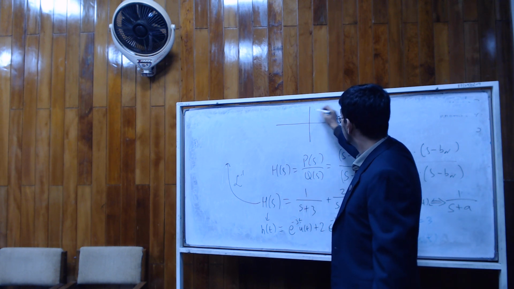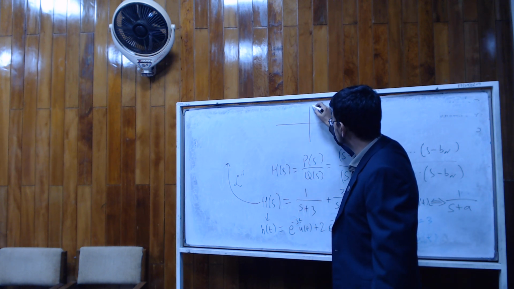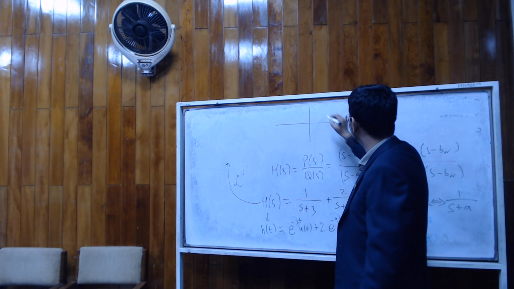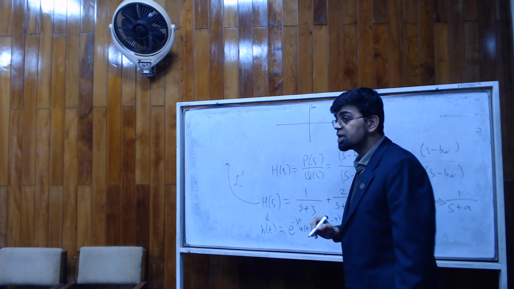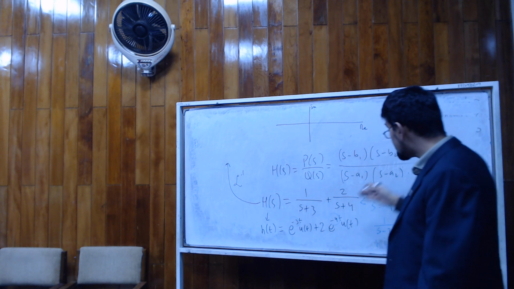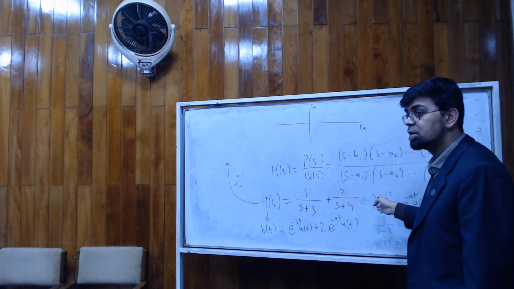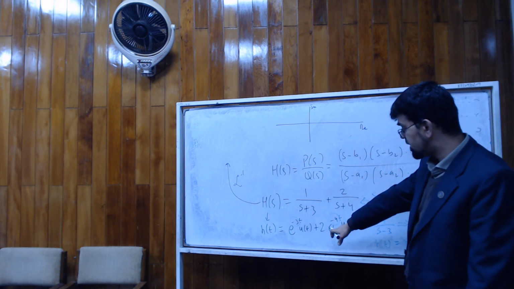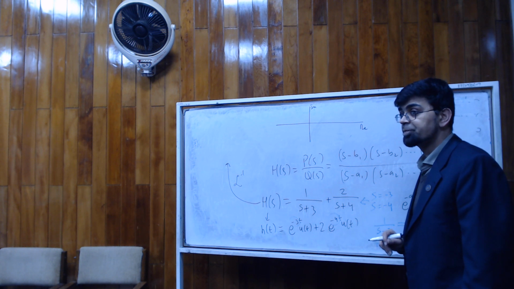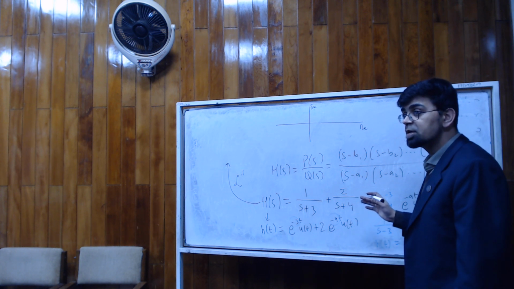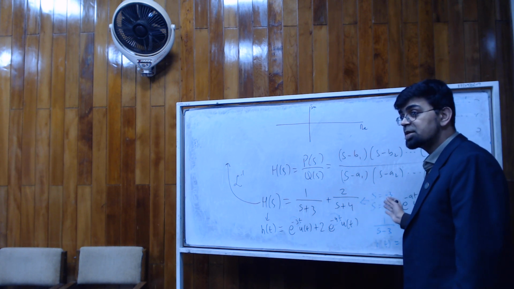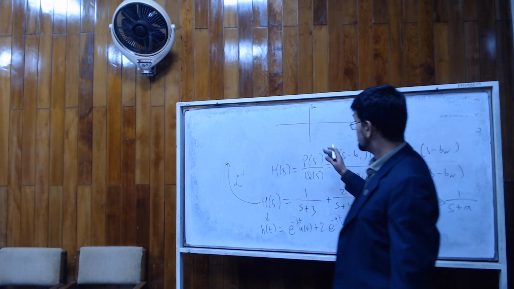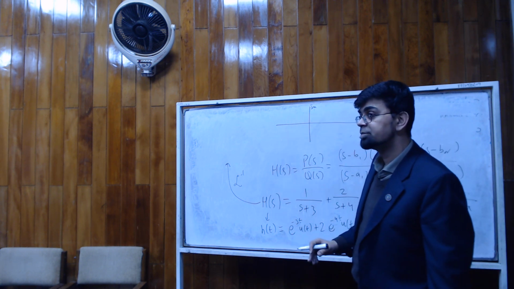This is the plane where s lies. This is the real component. This is the imaginary component. What is the requirement on the poles for this thing to be stable? What was the requirement? Their sign should be negative, right? So where can they lie?